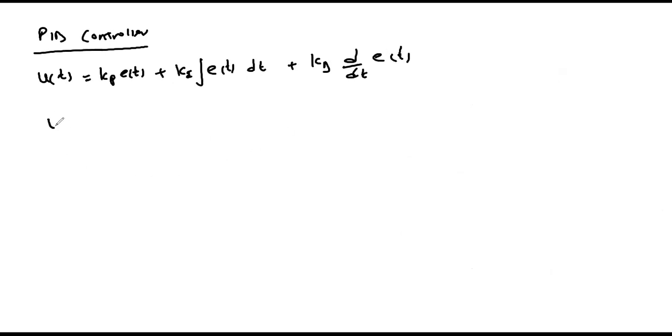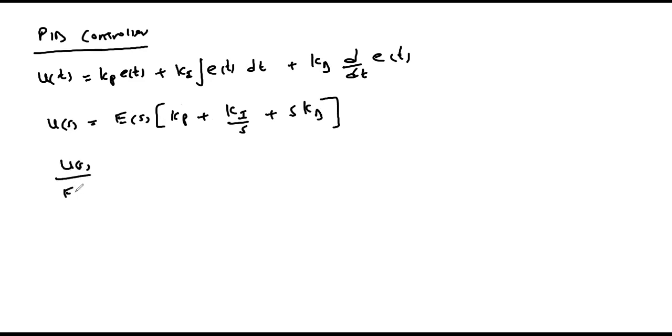In Laplace form, we obtain U of s equals E of s into Kp plus Ki over s plus s Kd. And our controller will be defined by U of s over E of s equals Kp plus Ki over s plus s Kd. We can call this equation 7.